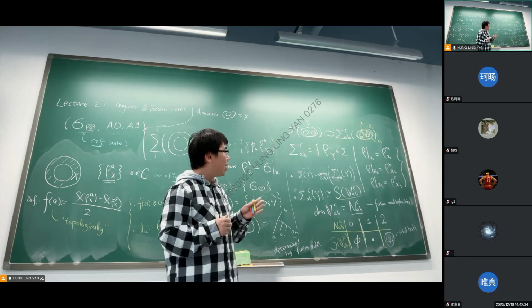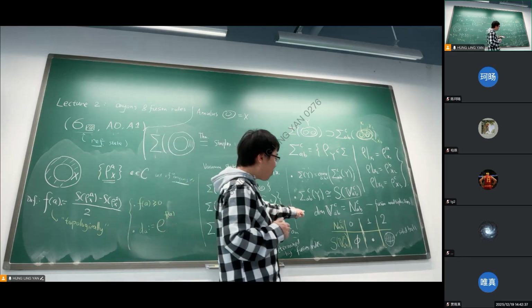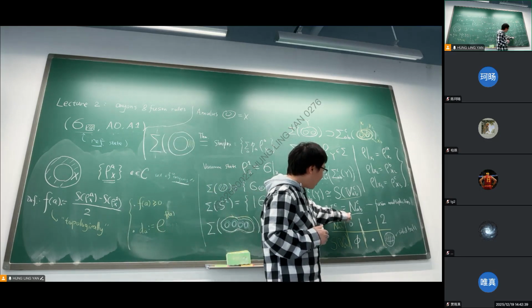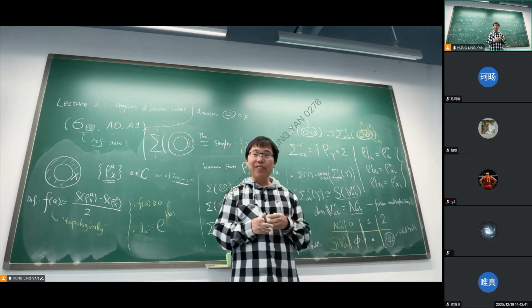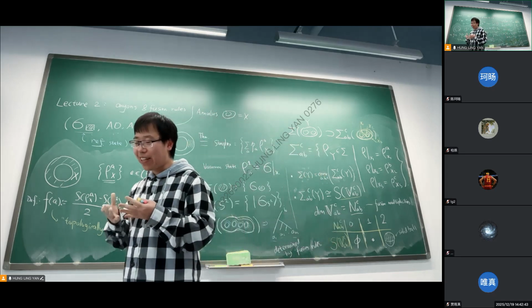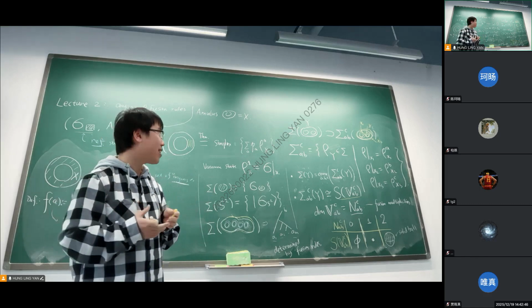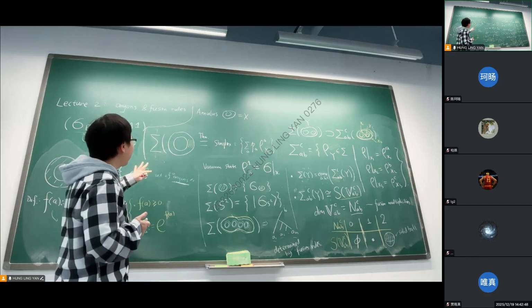And in particular, it's possible to have some integer greater than 1. When that happens, we will see some quantum information included in the two-hole disk. So that's very different from the simplex theorem.